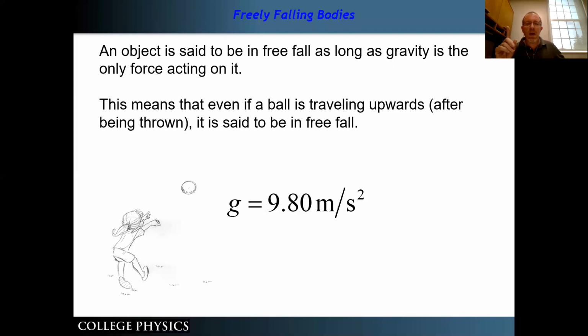But if I'm talking about the acceleration itself, I would say that the acceleration is negative 9.8 meters per second squared. So if I were to actually write in what the acceleration of something in free fall is in the y direction, that would be negative 9.8 meters per second squared. There we go.